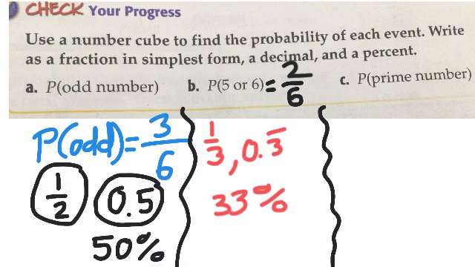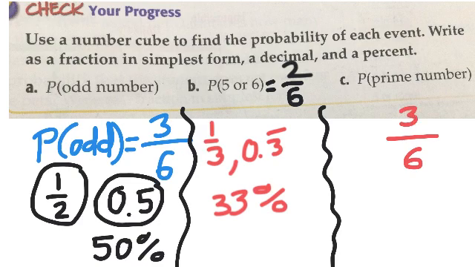So the probability of getting a prime number, we're still rolling a dice. How many possible outcomes are there? 6. 1, 2, 3, 4, 5, and 6. How many of them are prime? 3 of them. The number 2, the number 3, and the number 5 are the only prime numbers from 1 to 6.